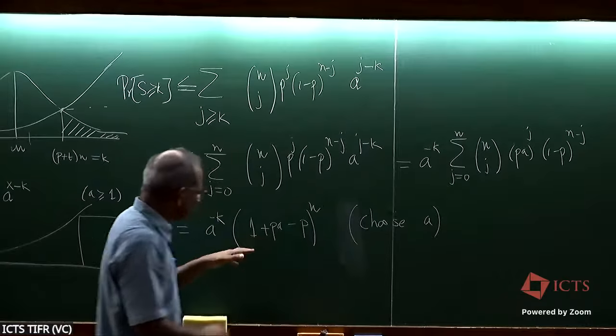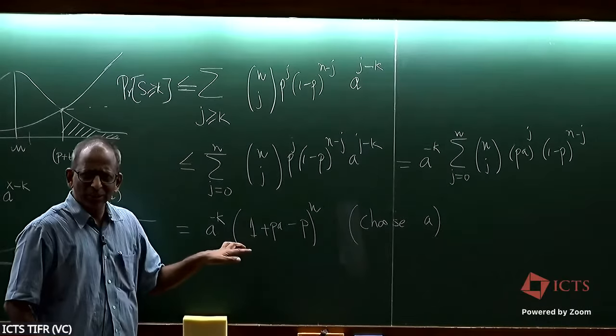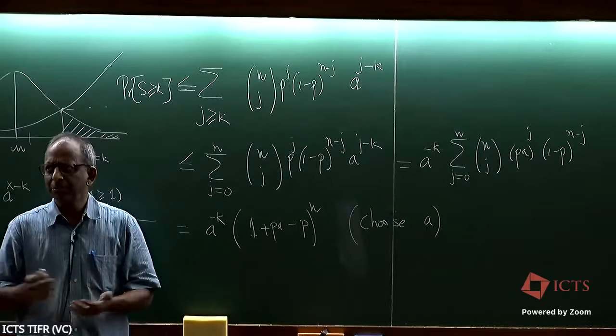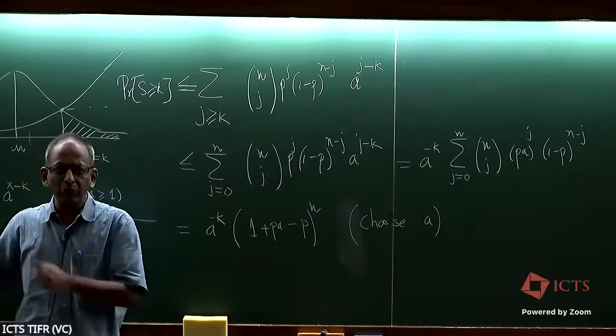Now we should try and choose an A so that this quantity is as small as possible, because then it gives us the best upper bound on the tail.